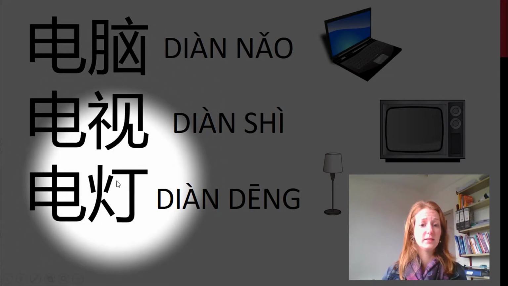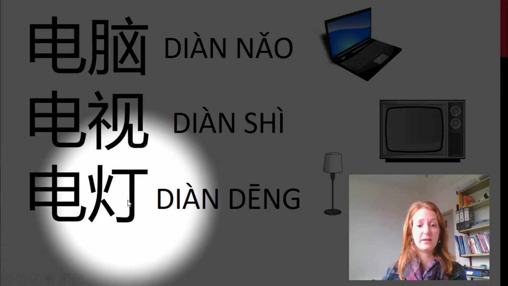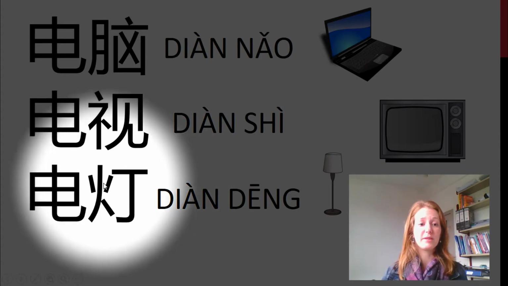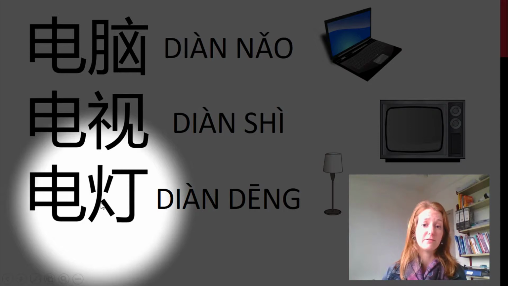And 电灯, this radical on the right hand side is ding, and that's where you get the sound part. But the radical on the left is the fire radical. How does fire have anything to do with the light?